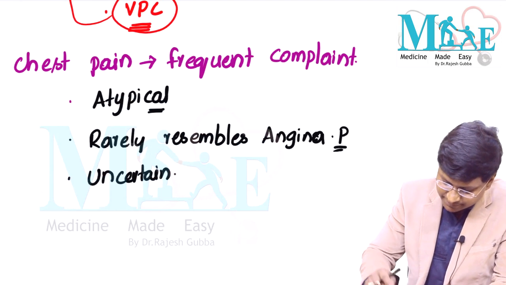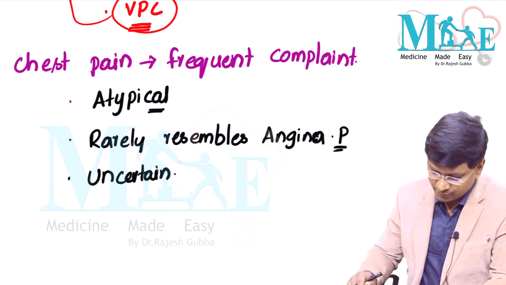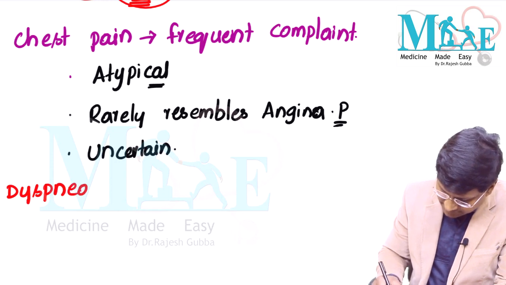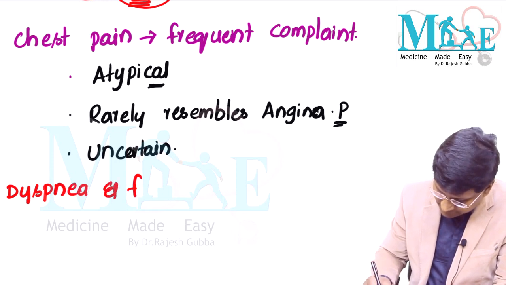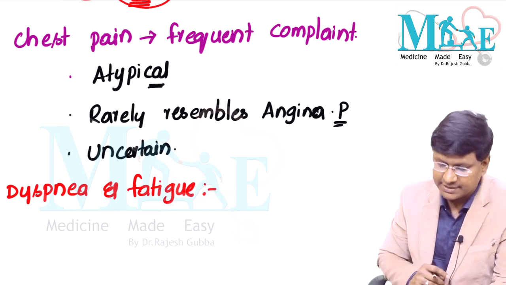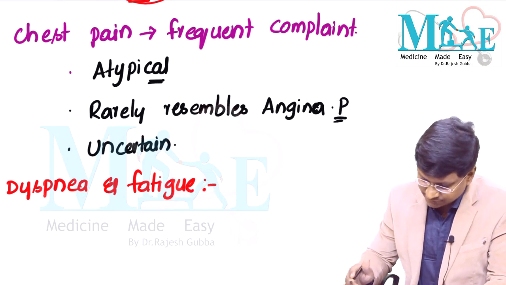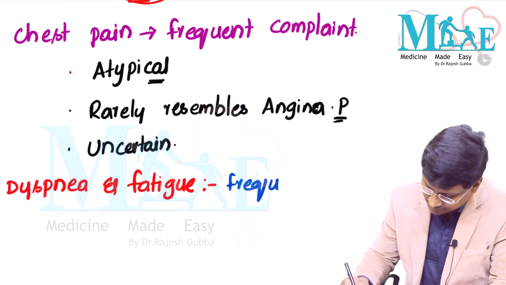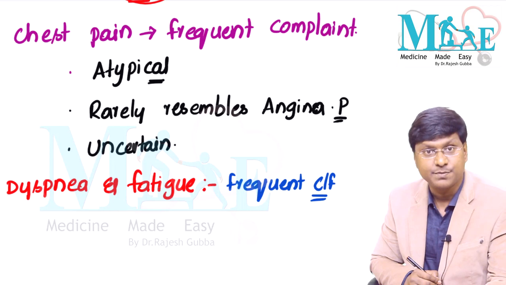Next, the other important symptom in these patients with mitral valve prolapse is the presence of dyspnea and fatigue. This is another frequent symptom you come across in these patients.